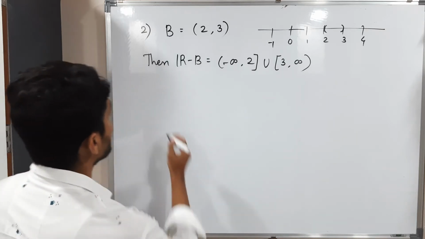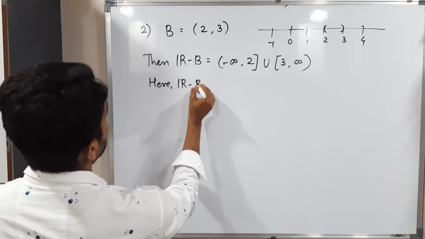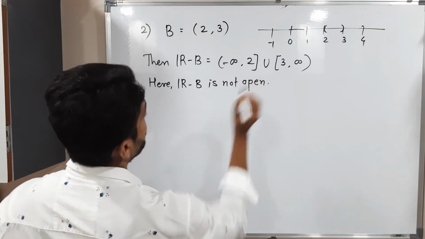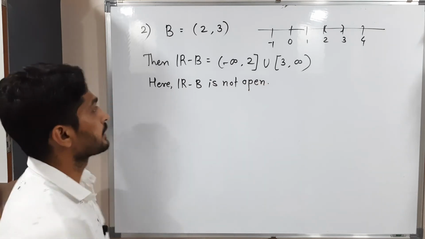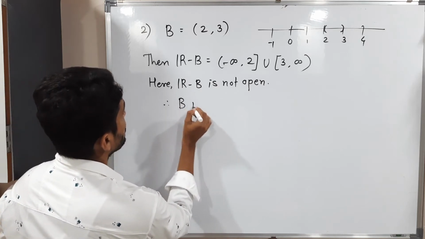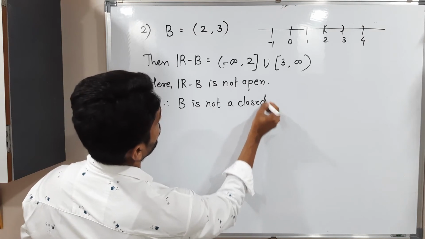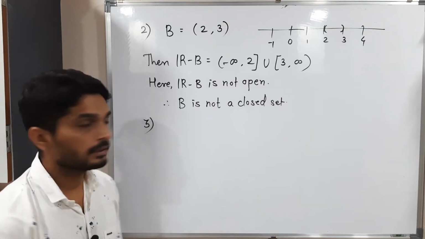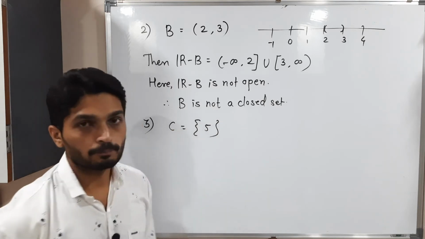So R minus B is not open. So the complement of B is not open, therefore B is not a closed set.